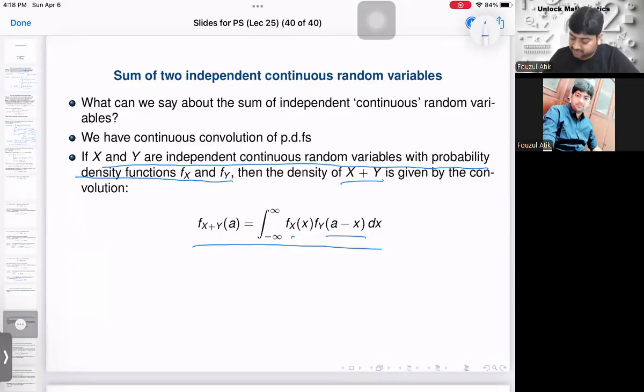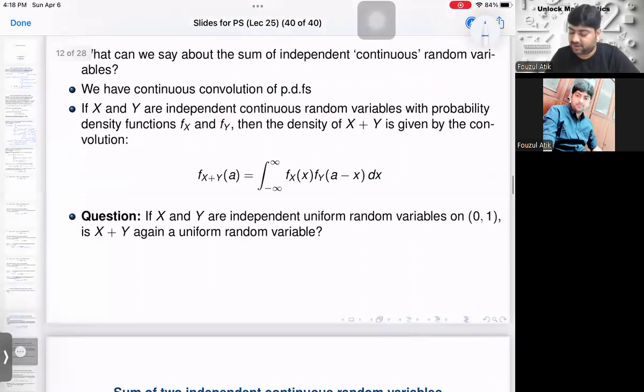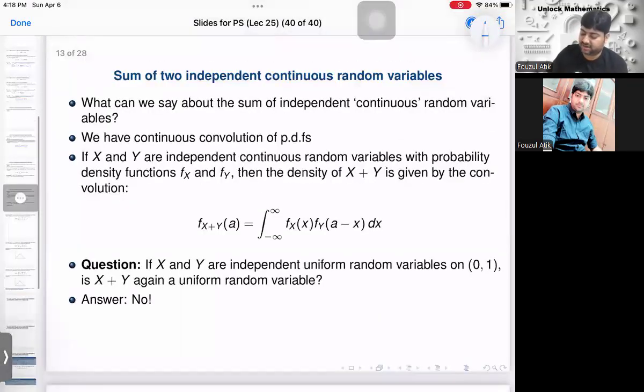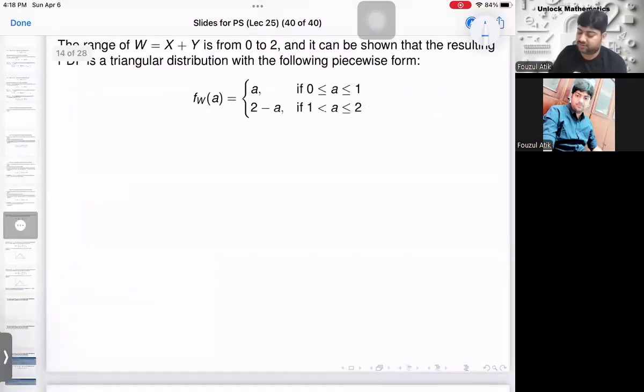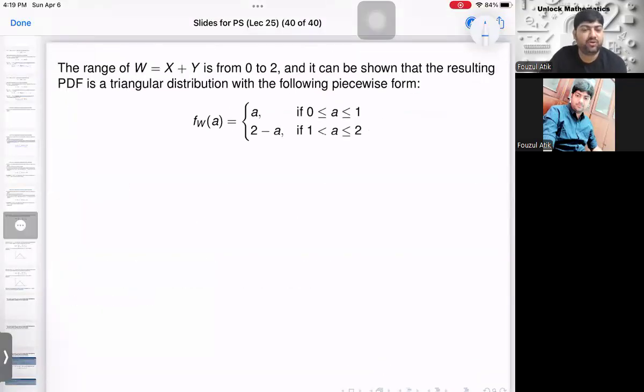Then the question is, if X and Y are independent uniform random variables on 0, 1 each, is X plus Y again a uniform random variable? The answer is no, it is not. How? It can be proved, though I am not doing the detail of it here.